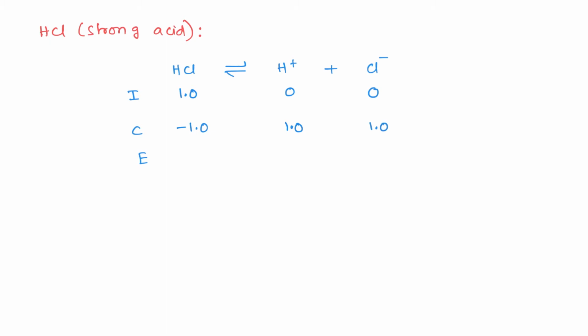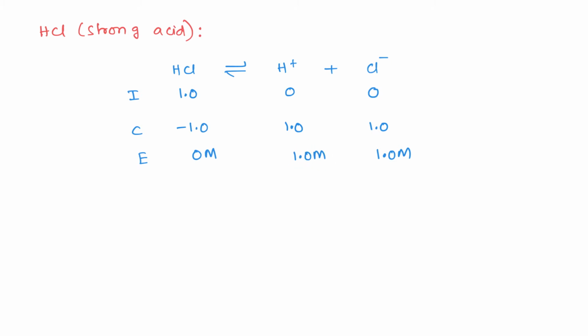At equilibrium, we have 0 molar HCl left and 1 molar H plus and 1 molar Cl minus formed. So, the concentration of H plus ions produced by hydrochloric acid is 1.0 molar.